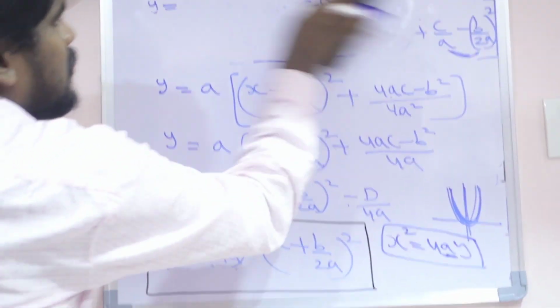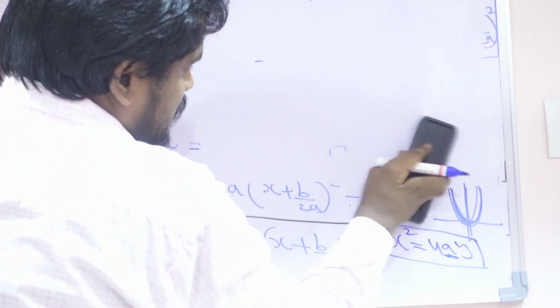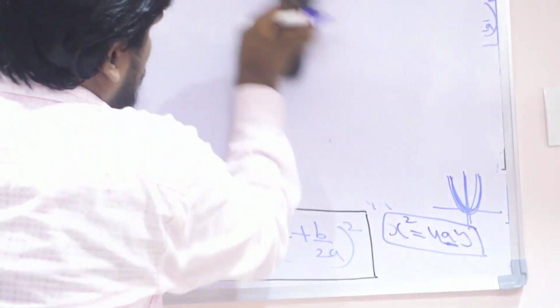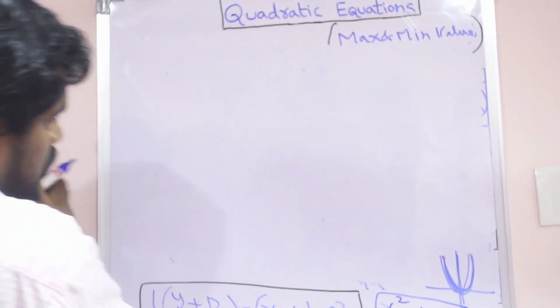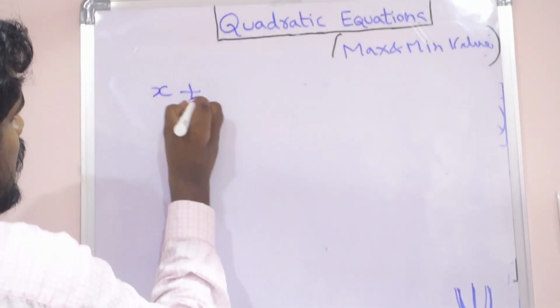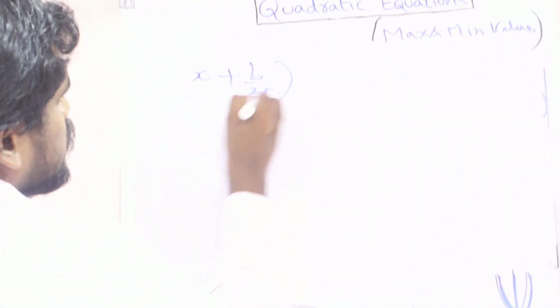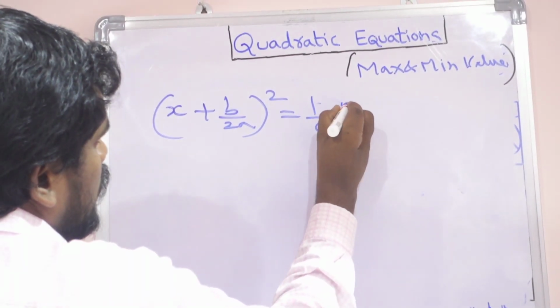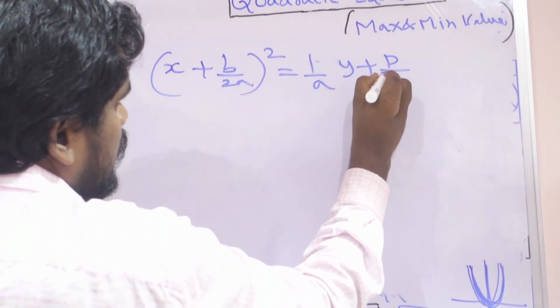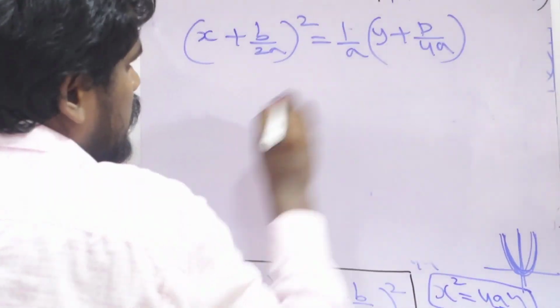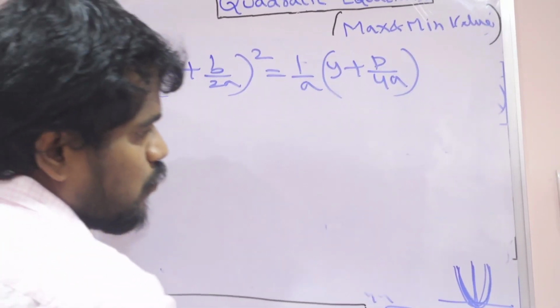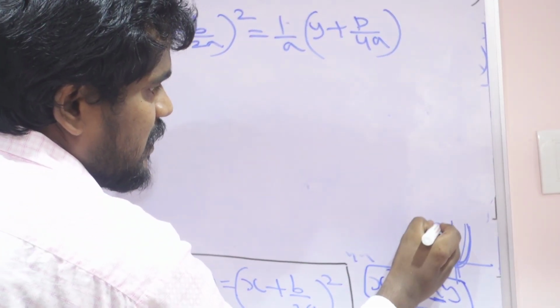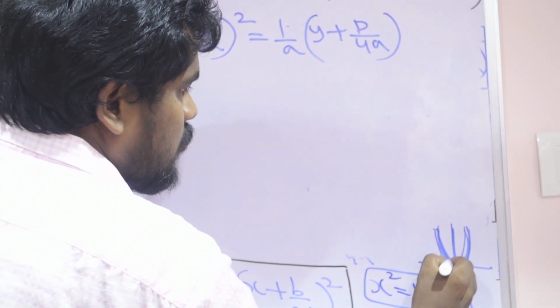We will discuss. So it is in the form of x plus b by 2a whole square is equal to 1 by a into y plus d by 4a. So it is in the form of x square is equal to 4ay, symmetric about the positive axis or symmetric about the negative axis.